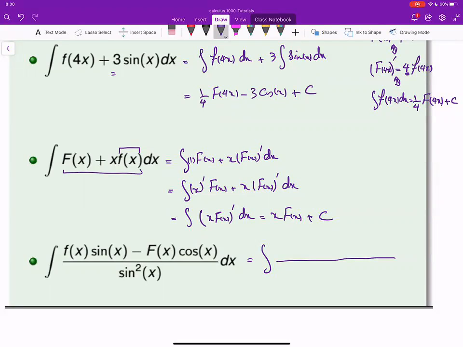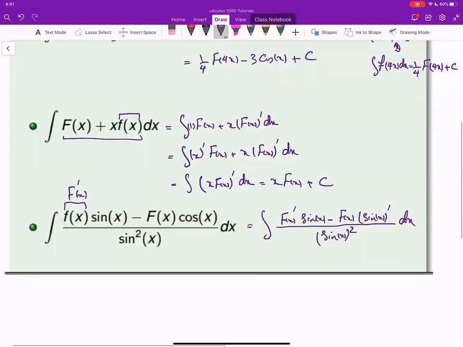Well, if you look at the last example, you look for the pattern that appears in the quotient rule. And what is that? The derivative of the numerator, F prime, which is lowercase f, times the denominator, minus the numerator itself times the derivative of the denominator, which is cosine x, then the denominator squared.